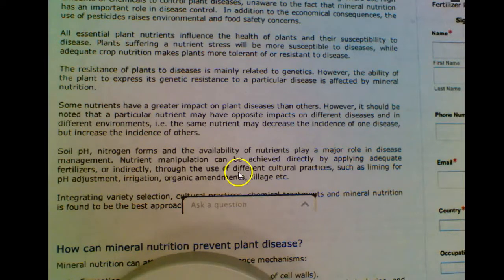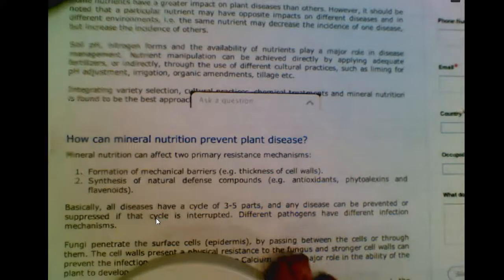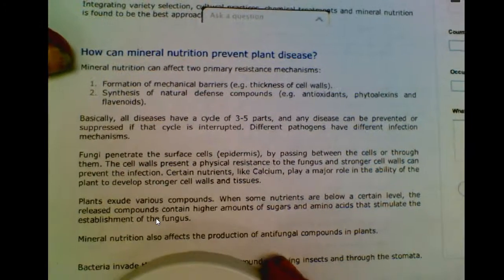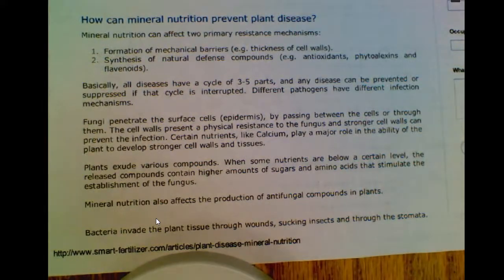So by using different cultural practices such as liming for pH adjustment, irrigation, organic amendments, and tillage, the best thing is to integrate all of these practices to get our best approach. So how can nutrient management or mineral nutrition prevent plant disease? There are two resistance mechanisms.